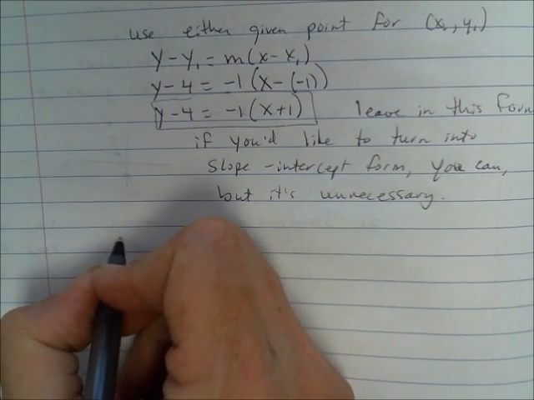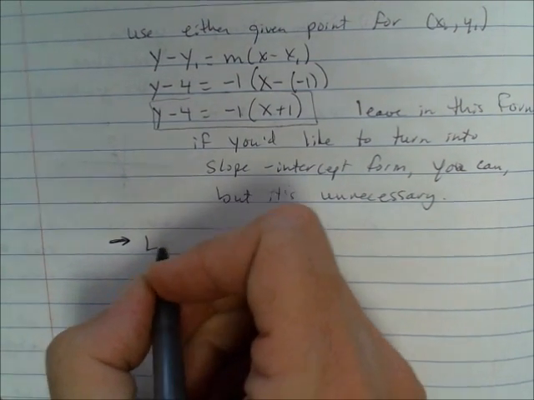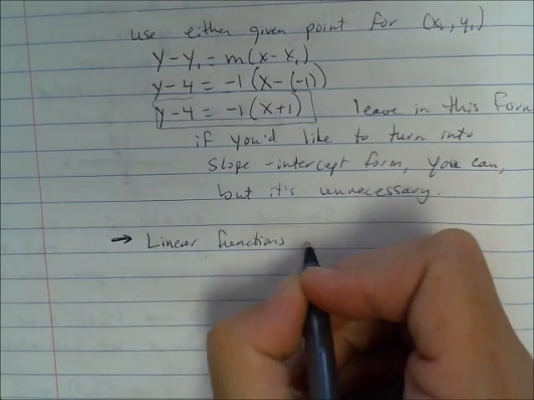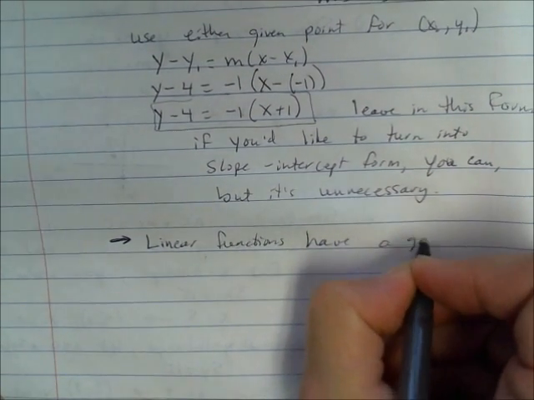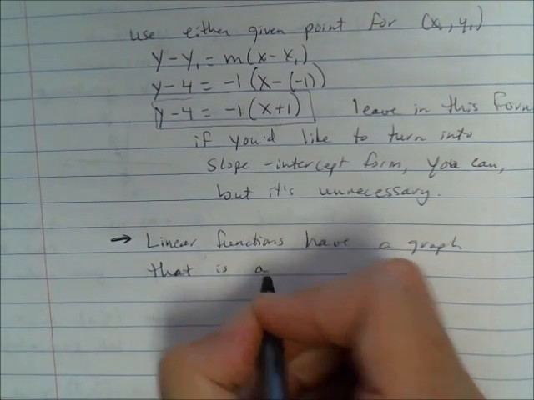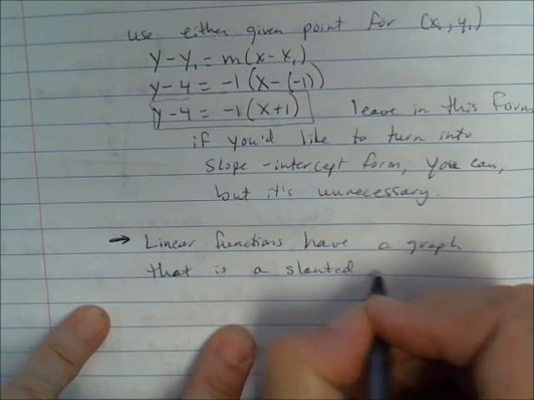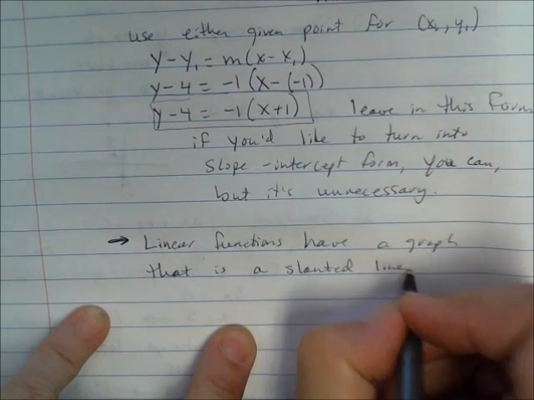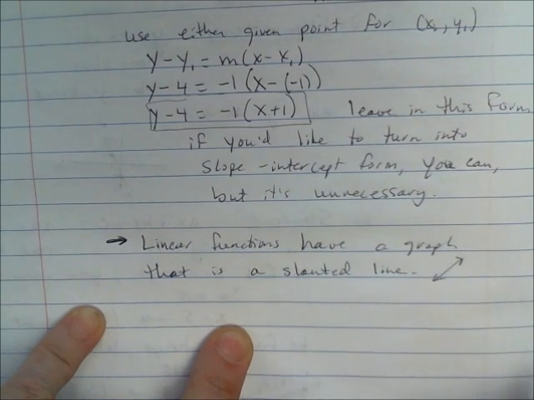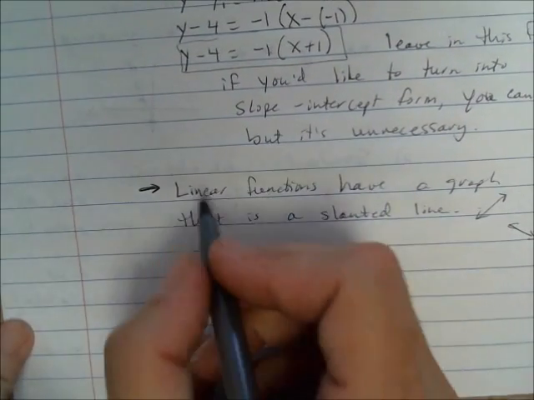I guess we'll just put a little end note here that linear functions have a graph that is a slanted line or a diagonal line. It's not horizontal, it's not vertical, it's slanted. So it either goes up or it goes down, positive slope, negative slope. So those are the linear functions.